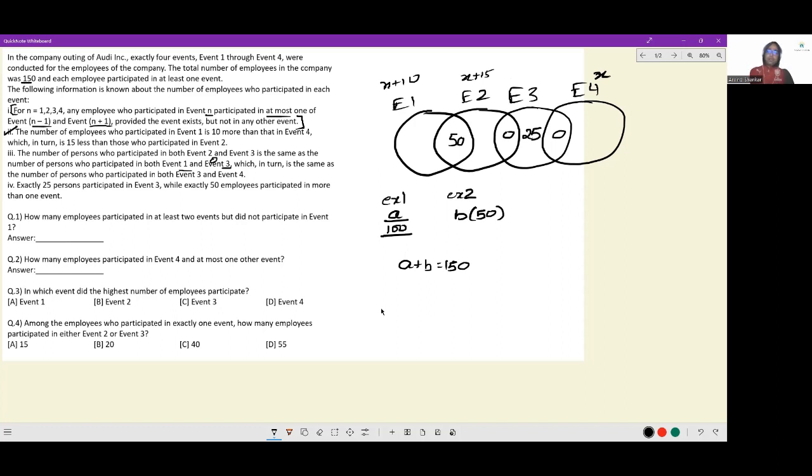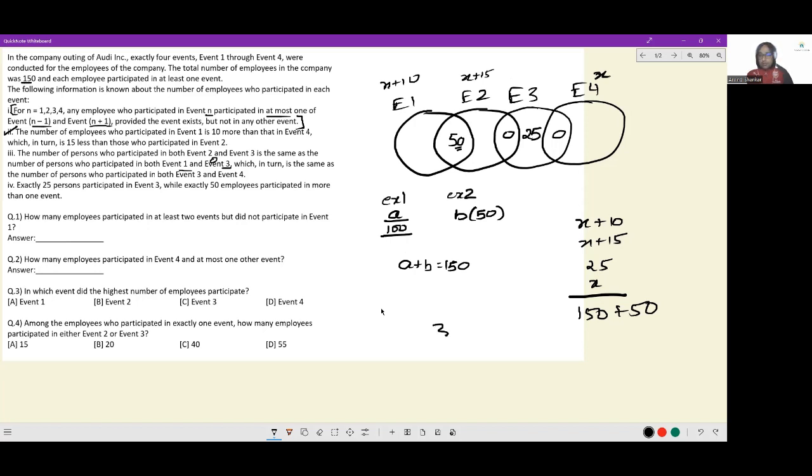So if 100 people have participated in exactly one event, can I also go on to say the sum of event 1 is X plus 10, event 2 is X plus 15, event 3 is 25, and event 4 is X. All of this should add up to 150 with every person counted once, and these 50 people who are present in both event 1 and event 2 would have been counted twice, so this total would be 150 plus 50, or 200.